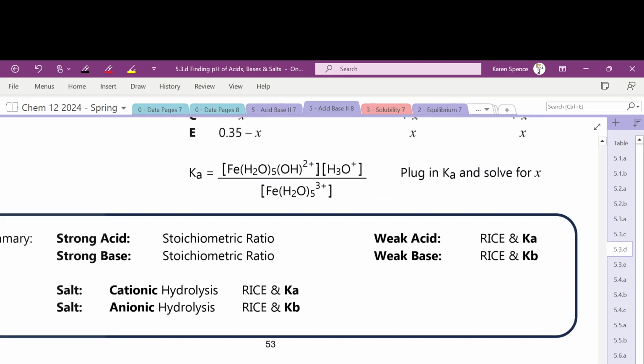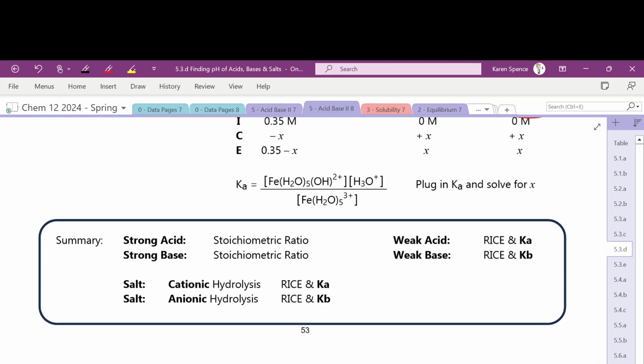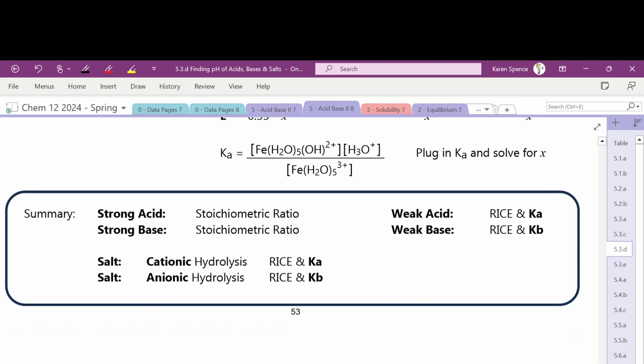At any rate, what that means is that you now have all the tools to do all the calculations for all of these things. So, strong, use stoichiometry. Cations, do you remember the little cat with the picture of the lemon?